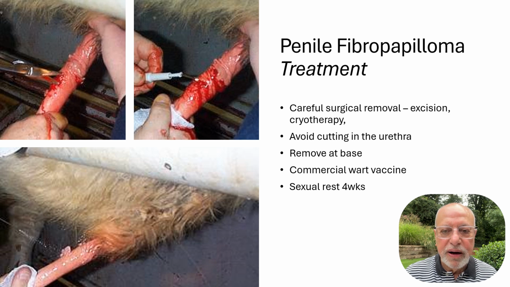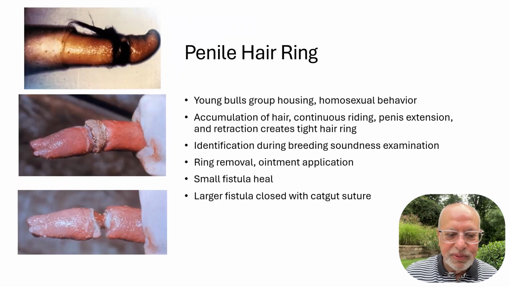As you can see at the bottom picture there. If it's a small size, it's easy to externalize, and then surgically you remove it and close it with cryotherapy, and then give some sexual rest for about a month or so, and most of the animals recover. Keeping this animal away from cows would be a good idea.